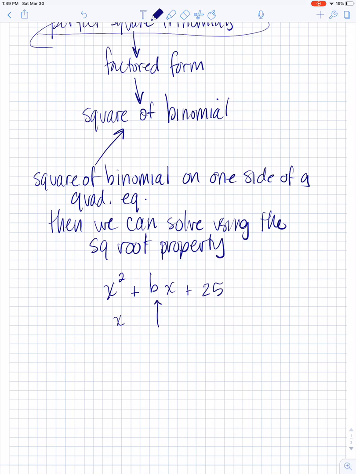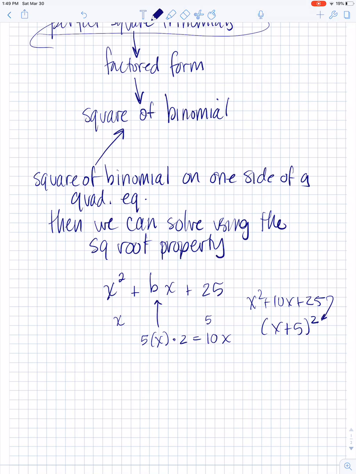Square root of the first term is just x. Square root of the last term is 5. 5 times x, and we double it, 10x. So if b equals 10, x squared plus 10x plus 25, we have a perfect square trinomial that factors into x plus 5 squared. So that's super useful.